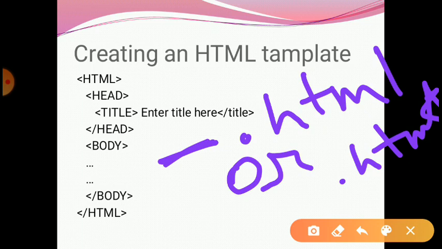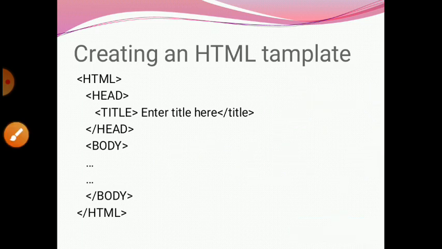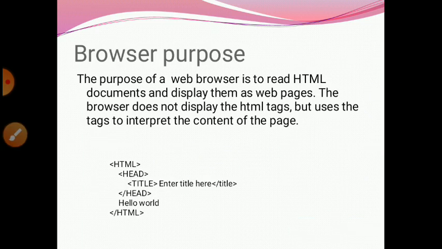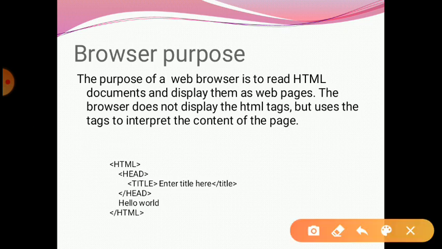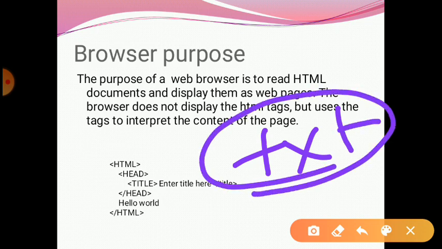Okay, so that is the way, and we change the save type to all types. Just below the file name there is an option; you change it to all files. Otherwise, if we do not change it, it converts into a txt file. So it is necessary that you change it to all types.